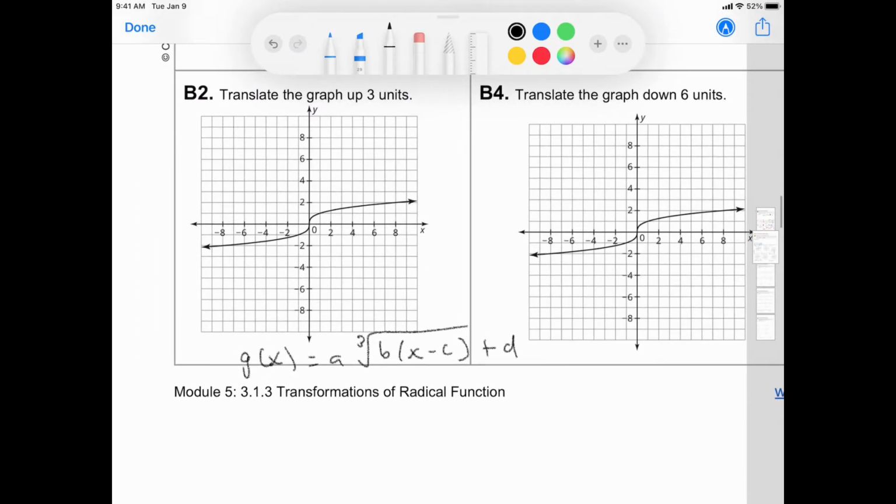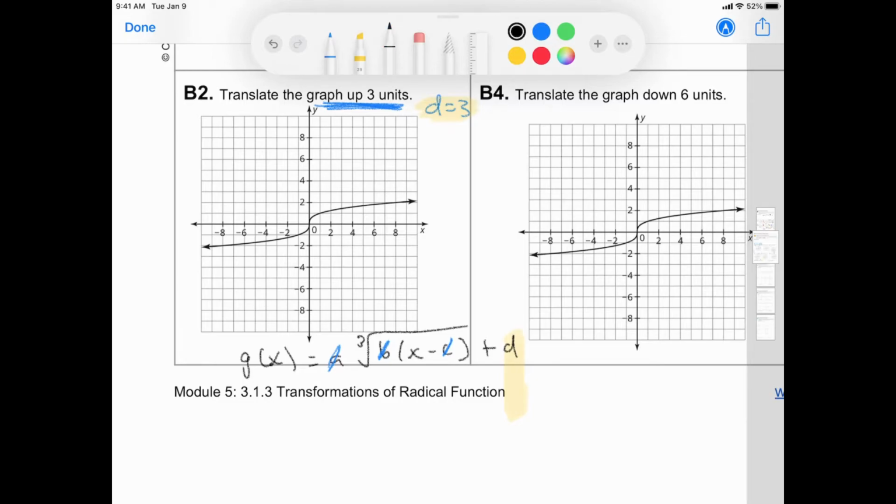Okay, so what is graphing up 3 units? Is it A, B, C, or D? You can look at your chart. It's not A, it's not B, it's not C, so the answer is D. D is equal to positive 3. So I'm just going to translate that in there. Okay?